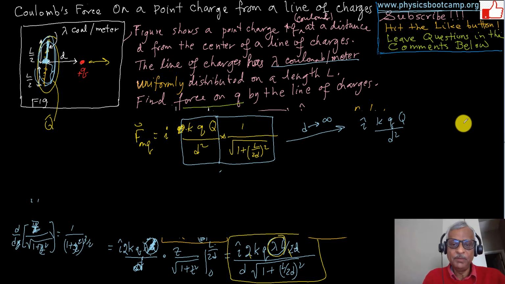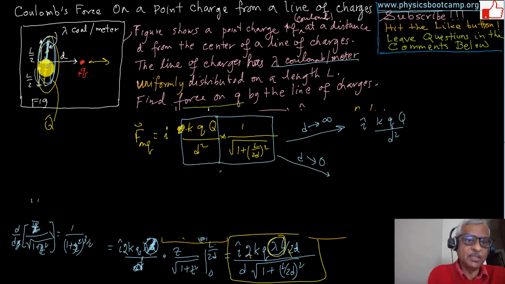If I place D close to 0, like right over here, then it should cancel, right? The force from all the charge there is repelling, and the bottom one is repelling the other way, so it should cancel.